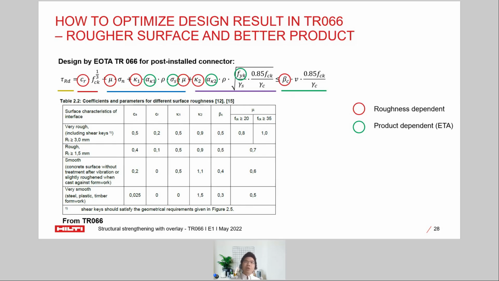By looking into that product ETA, you will be able to find those alpha, K1, sigma or fyk, the yield of the shear connector. This will also give you a positive influence on your calculation, again, if the product you choose is good. So this is the way you can optimize your design, either by going for a very rough surface or by choosing a better product.